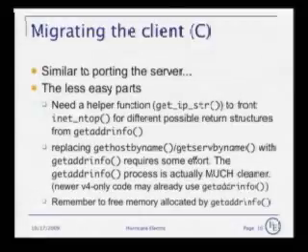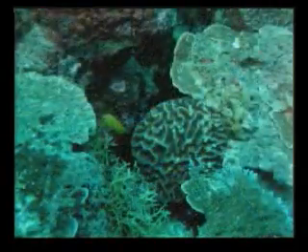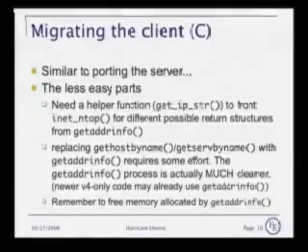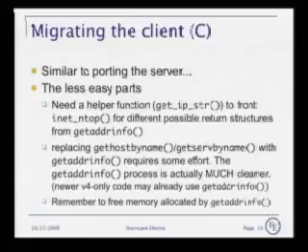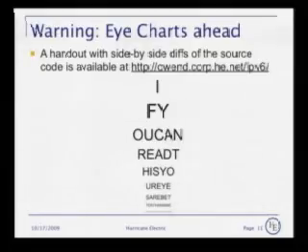And then the other big thing to worry about is if you use getaddrinfo, it dynamically allocates a linked list for you and returns a pointer to you in the thing you called it with. So that memory needs to be freed, or your application has the risk of leaking memory if you call it repeatedly.